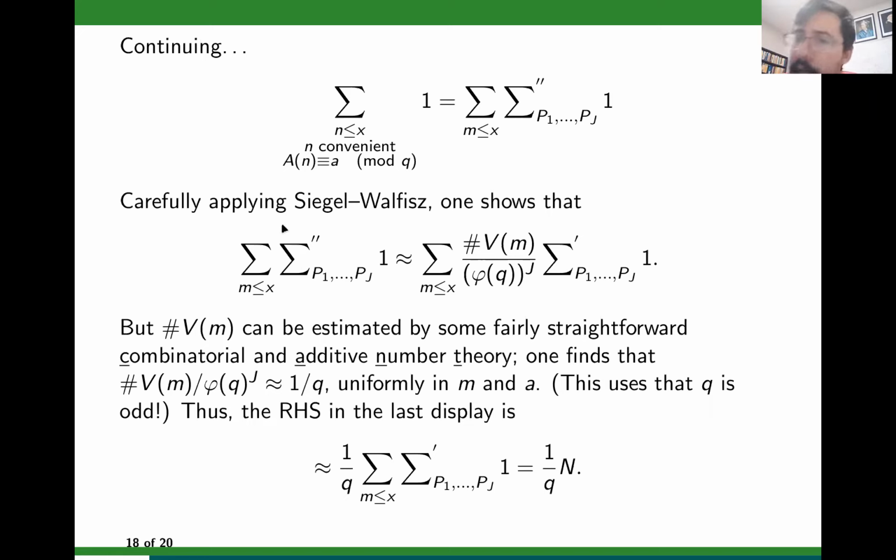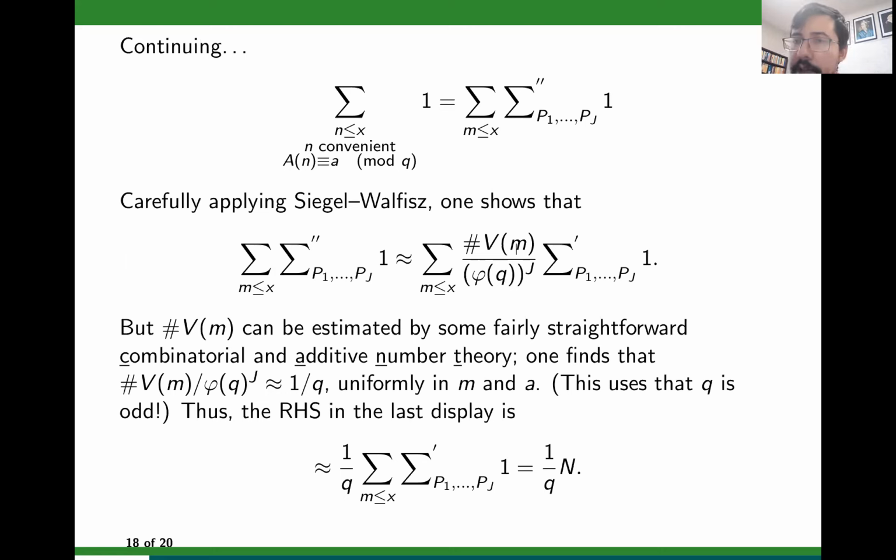And so by carefully applying Siegel-Walfisz, you can show that this sum on p1 through pj with a double prime condition is essentially the same as the sum on p1 through pj with just the single prime condition, where the extra congruence conditions on p1 through pj have been stuffed into a factor of size V of m over phi of q to the j. Where does this factor come from? Well, phi of q to the j is the total number of possibilities for a j-tuple of coprime residue classes modulo q.